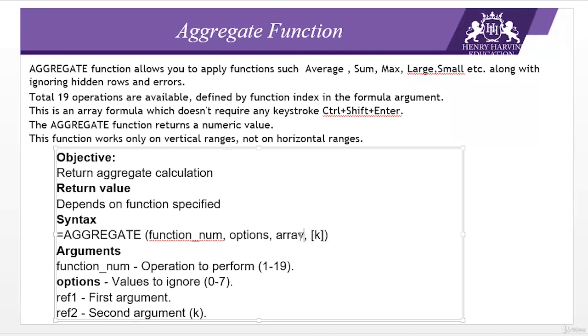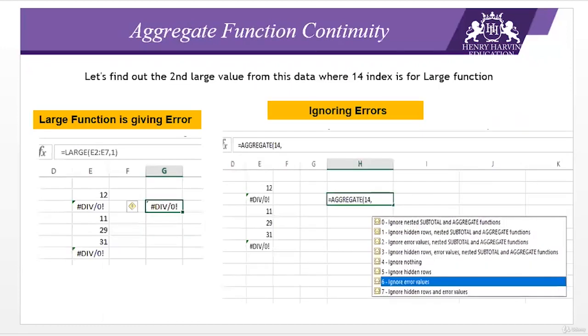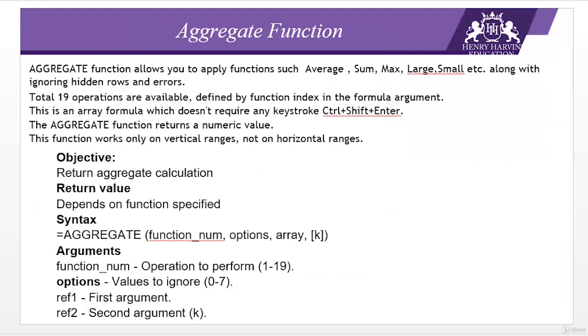So what is array and what is function number? When you apply this function, it will ask you which function you want to apply. There are 19 functions available inside this function. Let me show you one more example after this. So function means all 19 operations are there.